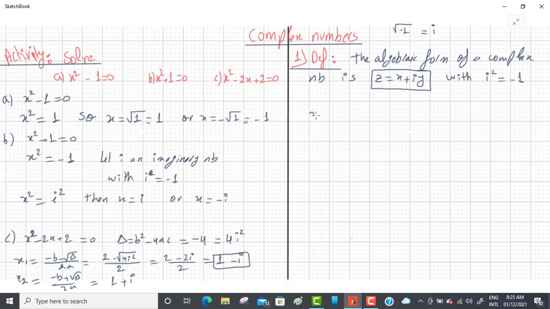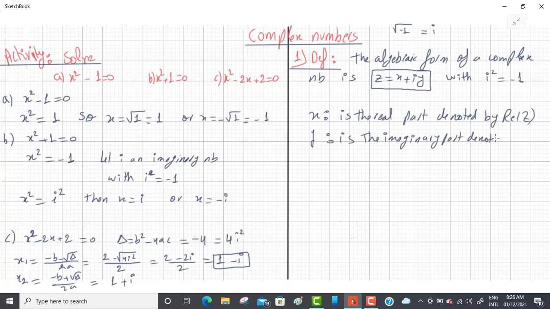Okay, x is a real number. x is the real part of this complex number, denoted by Re of z, and y is the imaginary part of this complex number, denoted by Img of z. So x is the real part and y is the imaginary part.